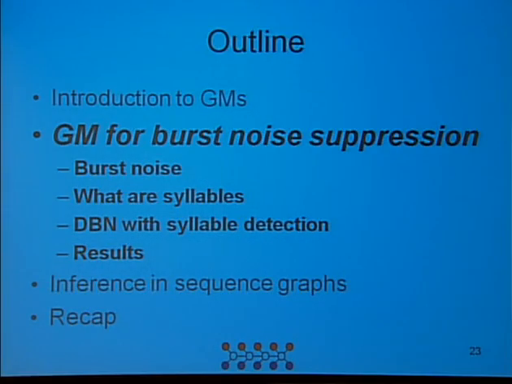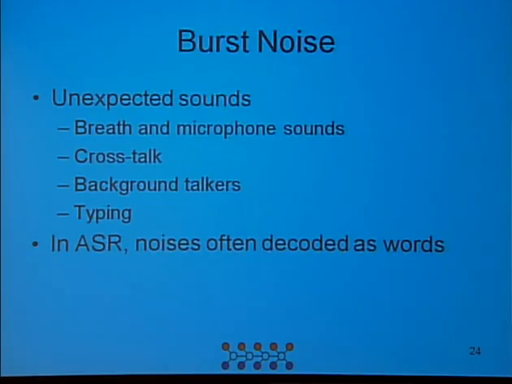Okay, now we're moving on to the graphical model for burst noise suppression, and I'll go into detail about this particular model. But first, I'll describe the problem. Burst noises are unexpected sounds. Very commonly, you have breath and microphone sounds. You have crosstalk from telephone receivers and from multiple mics in, say, meetings data.